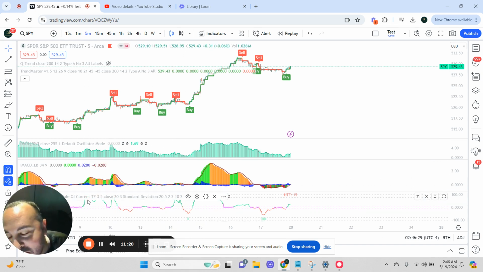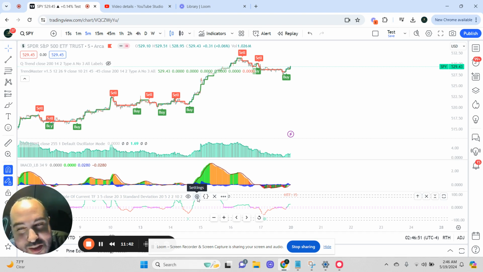And I really do like the price action index as well. It's a little bit more complicated of an indicator. There's more settings, so I'm still trying to get the hang of that. I have a feeling once I do get the settings tweaked on that one, that's probably going to be my favorite one.